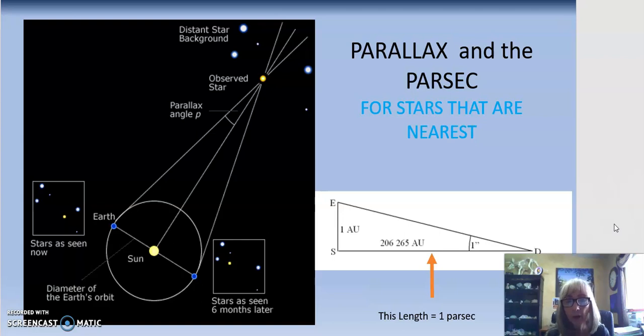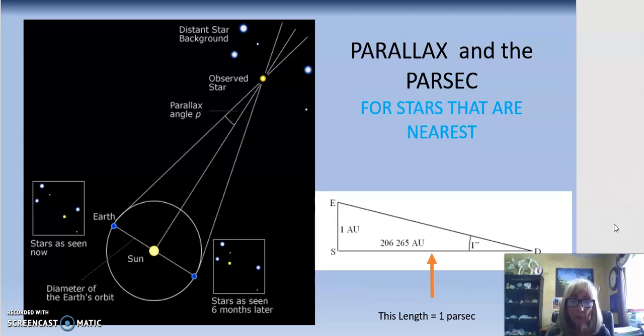It's now on the other side, looks at the same star, and creates an angle. We use half of that angle, that's the parallax angle P. With a little bit of trigonometry, we can calculate distance with the small angle formula.